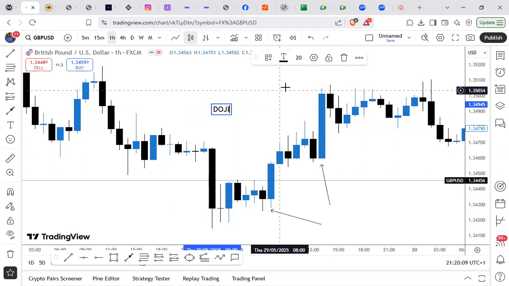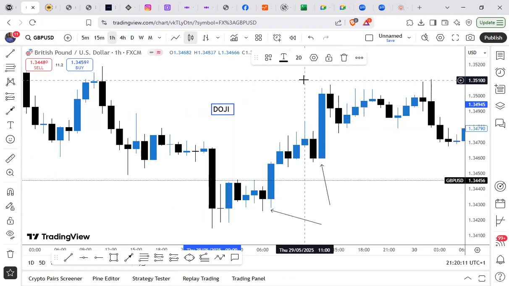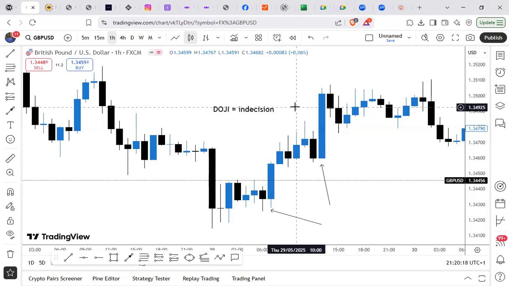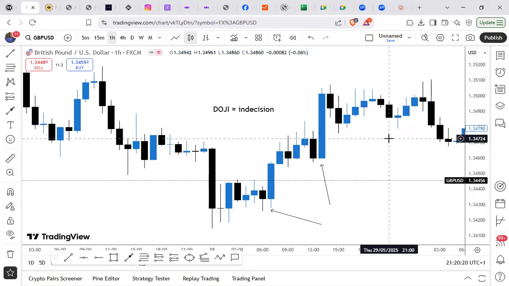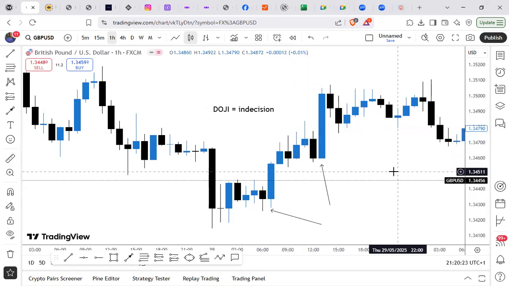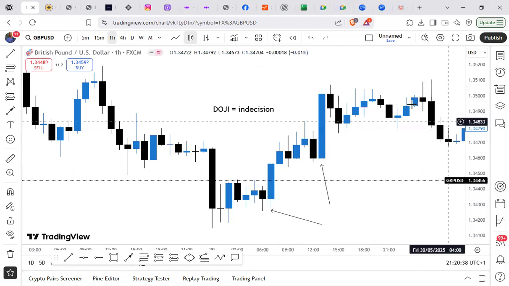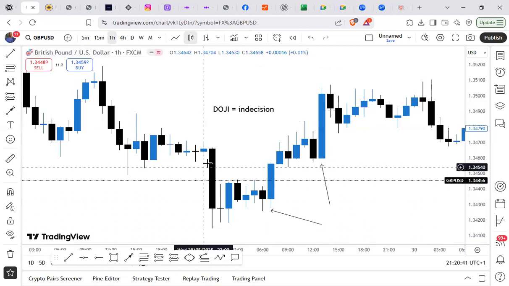When you see bearish engulfing, it means that the sellers are coming into the market. When you see bullish engulfing, it means that the buyers are coming into the market. Is that part clear? Clear, continue, sir.